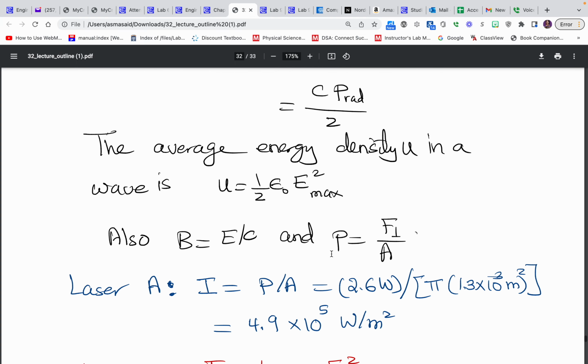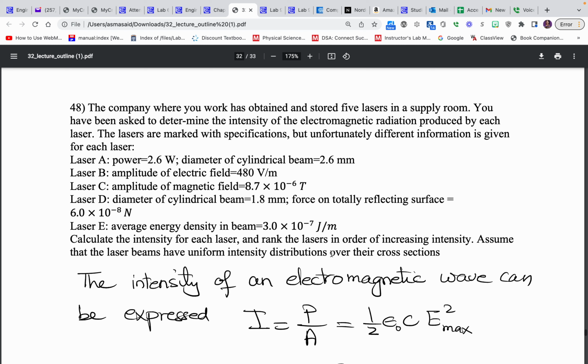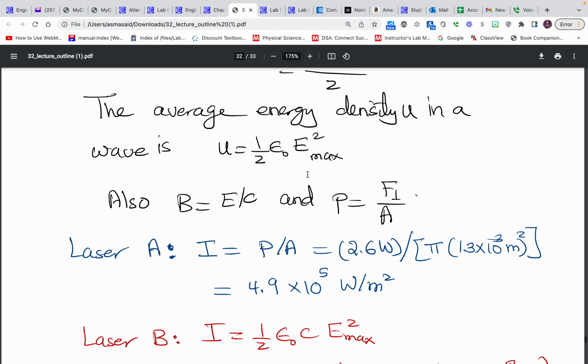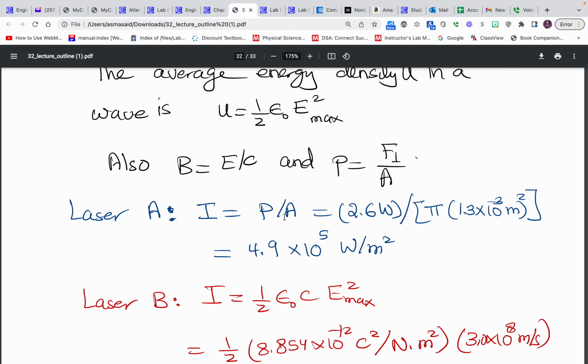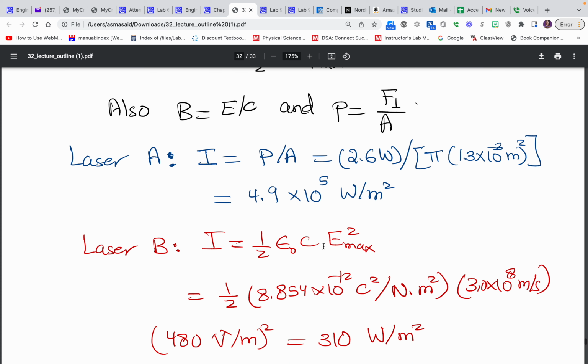For the first one, we have the power given and the diameter. Then we can say I equals P over A, 2.6 watts divided by pi r squared, and this is going to be the solution.